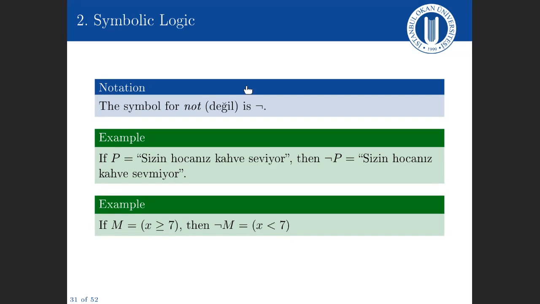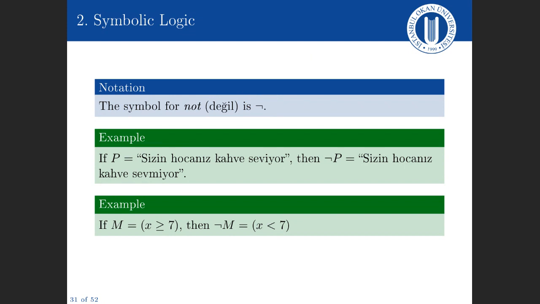There is a symbol for not, which is this symbol. It's not quite a minus symbol because we have a little right hand vertical part. For example, if P is the proposition your teacher likes coffee, then not P is the proposition your teacher does not like coffee.